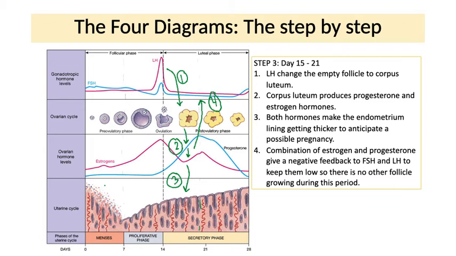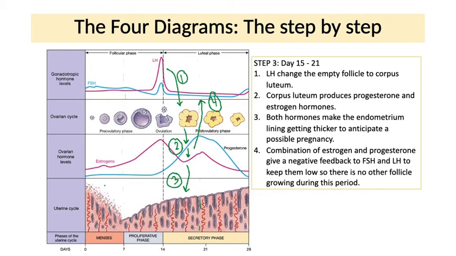This corpus luteum, unlike the follicle that only produces estrogen, produces two ovarian hormones, the progesterone and estrogen. And as has been mentioned in the previous slide, both hormones make the endometrium lining thicker to anticipate a possible pregnancy.